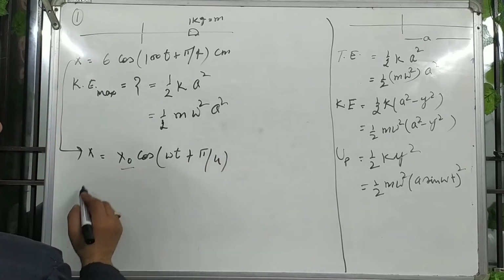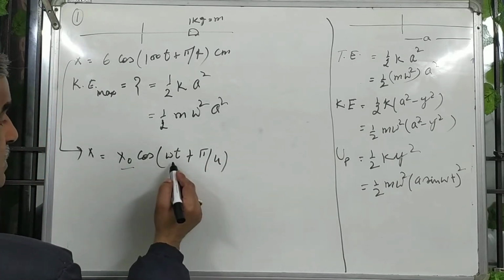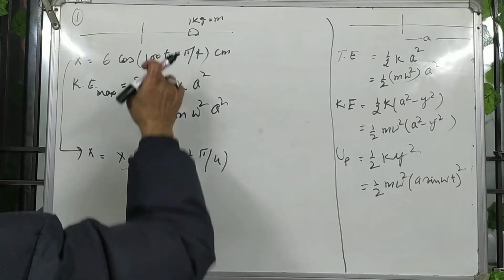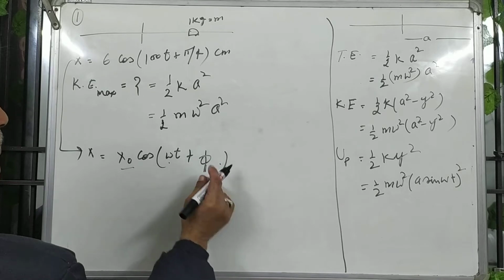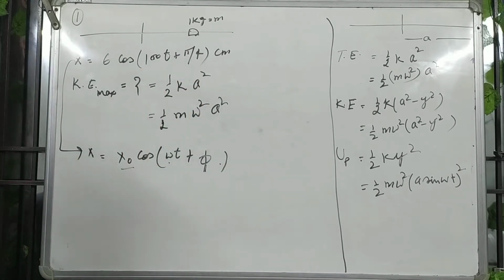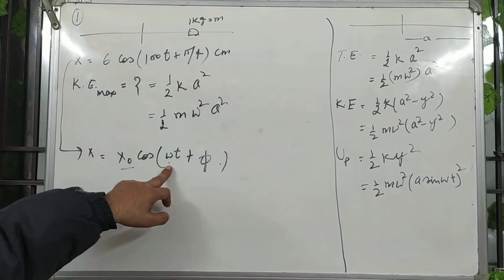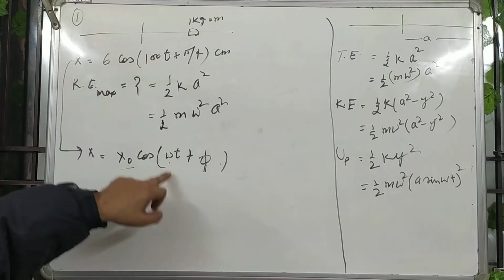So this is the amplitude, and this is omega. Omega is 100, and phi naught is pi by 4. There is no need of phi naught, but we need omega, which is 100.